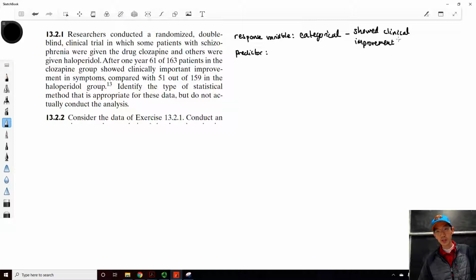So you might have like the DSM-5 or something, and they have a list of things that you check off, and if you check off like 6 of them, you're like this thing, and if you only check off 4, then that means you've improved or something. I don't know, okay? So it's categorical, showed improvement or not. And then what's the predictor? Type of drug, also categorical, okay?